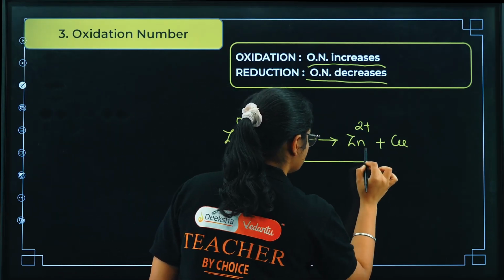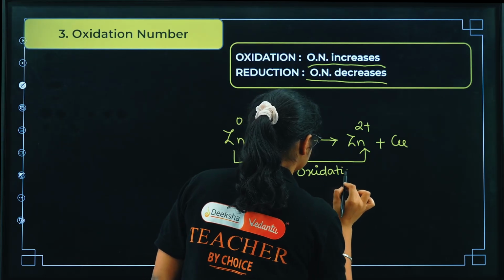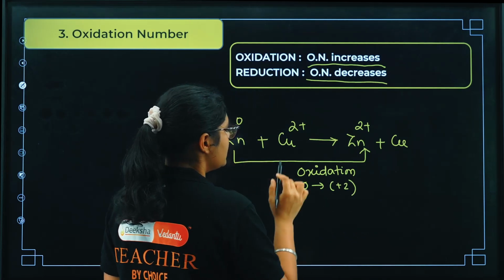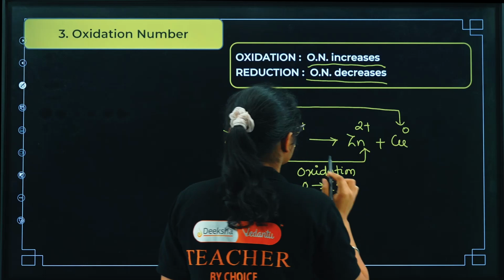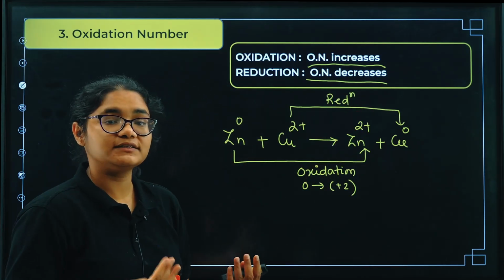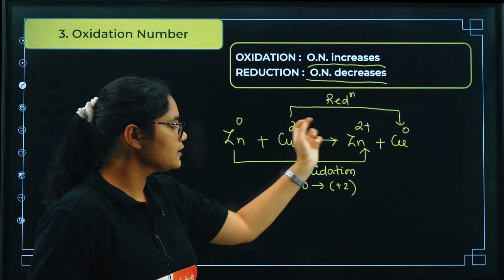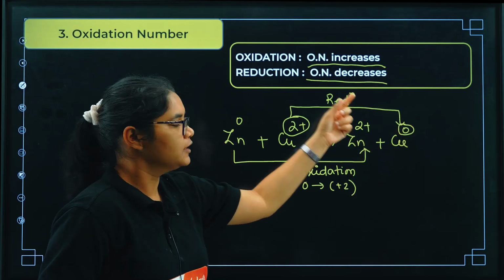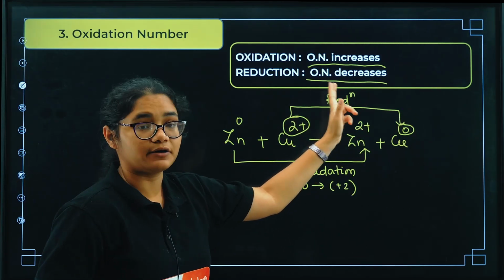So from here to here what is undergoing oxidation, because the oxidation number increases from 0 to +2, right? Now if you see from here to here, Cu goes from +2 to 0, right? So copper is undergoing reduction. The oxidation number here is +2 and here it is 0, so +2 to 0, the oxidation number is decreasing, that is why it is reduction.